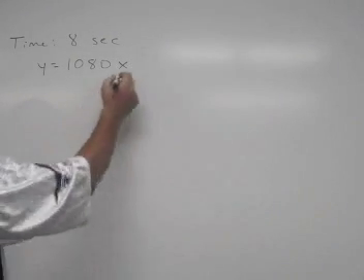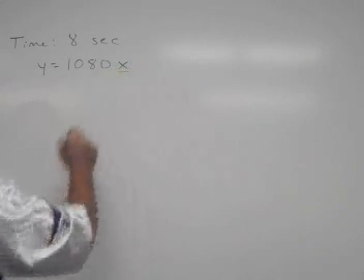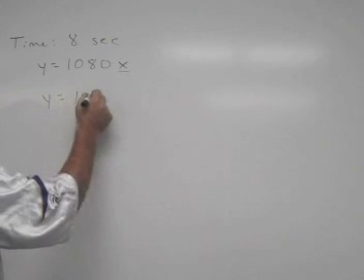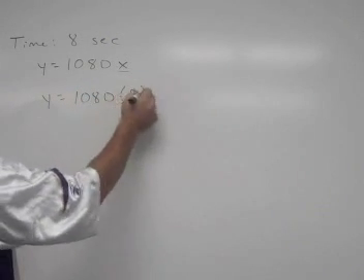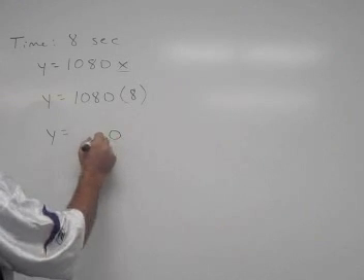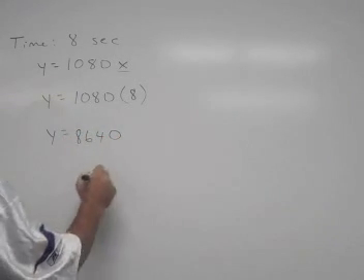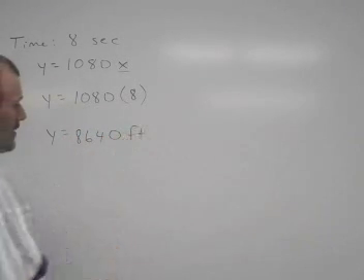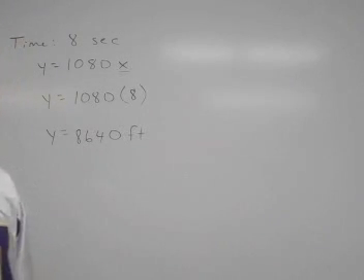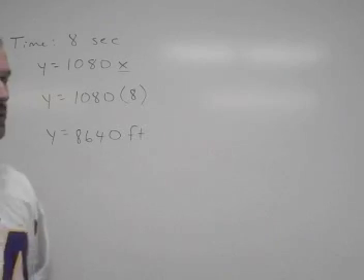Since we used time as our x value, all we need to do is y equals 1,080 times 8. When we multiply that out, we get 8,640 feet. So it's just a matter of plugging in that value for x, and then we get our answer, 8,640.